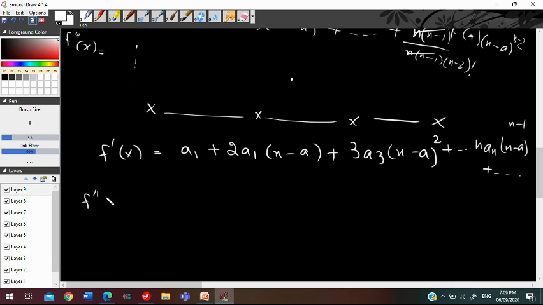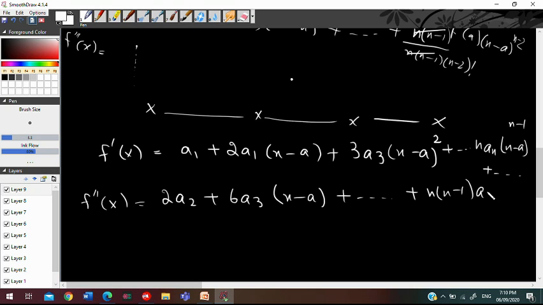Then f double prime of x is equal to 2a2 plus 6a3 into x minus a plus up to n into n minus 1 an into x minus a power n minus 2. So these are all the terms, and I can find different derivatives of all these functions.